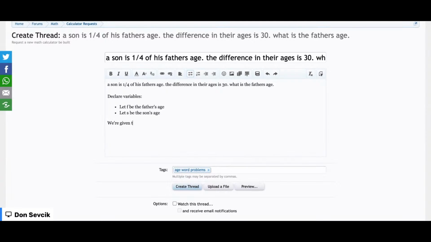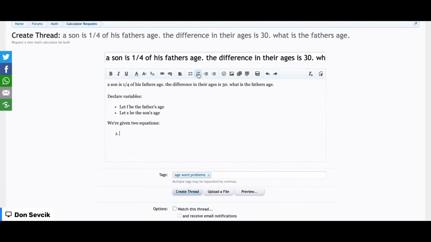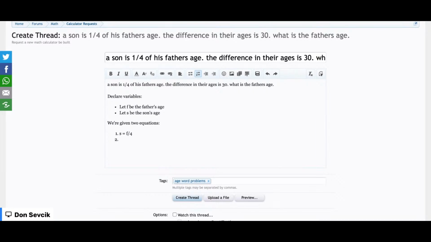We're given two equations. One, son equals F divided by 4, 1/4 of the father's age. So the son is 1/4 the father's age. The difference in their ages, so we know the father's older, so we do F minus S equals 30.